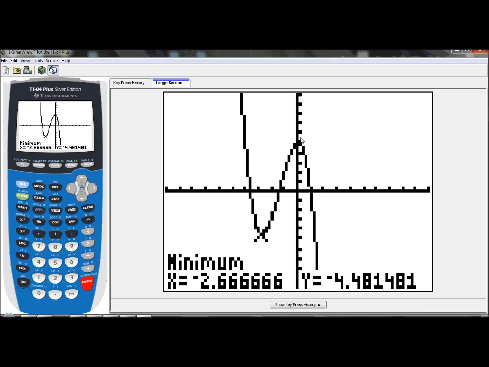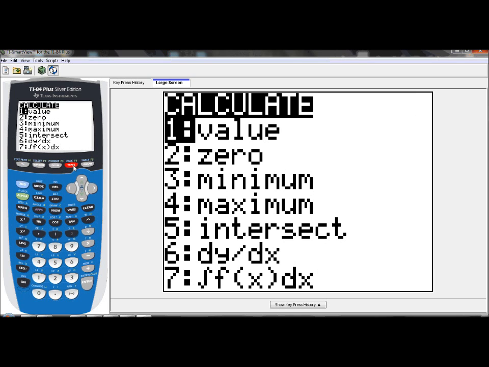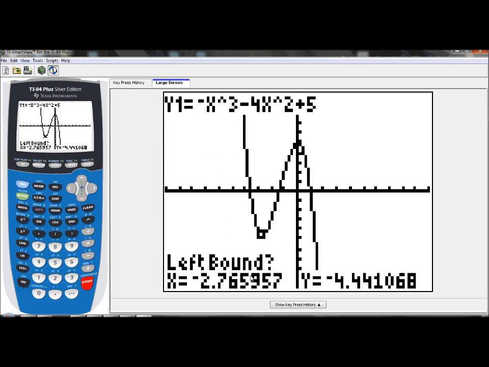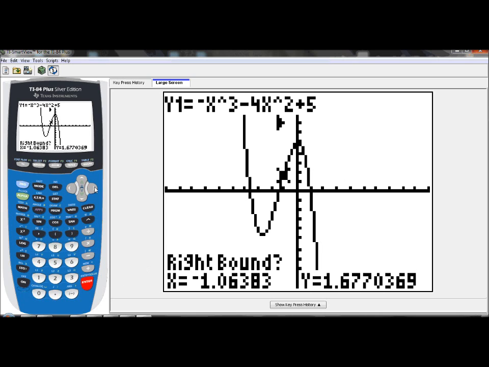You now want to find this relative maximum. So go to your calculate menu, second trace, and this time you're going to choose option 4 for maximum. Left bound, again, so go and use the left bound, mark to the left of this maximum point, hit enter. Right bound, go to the right of that maximum point, hit enter.